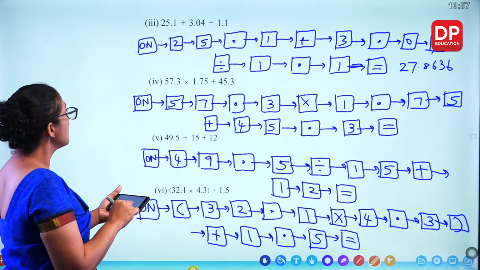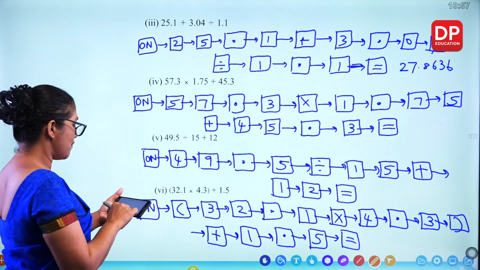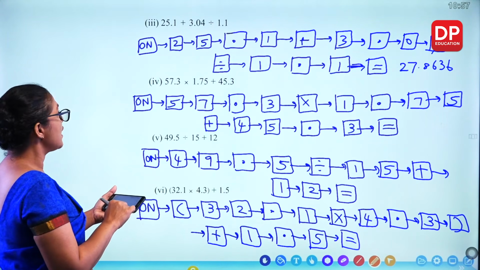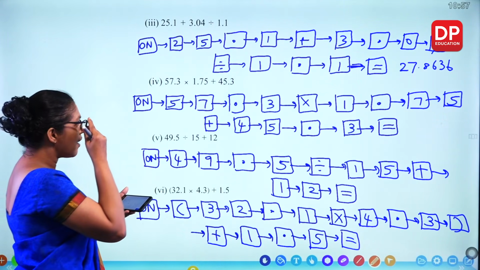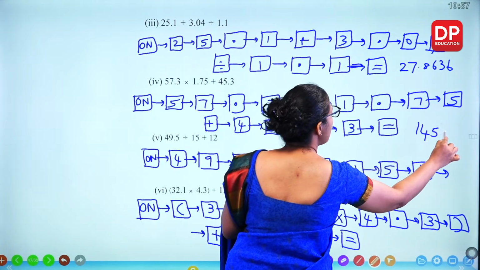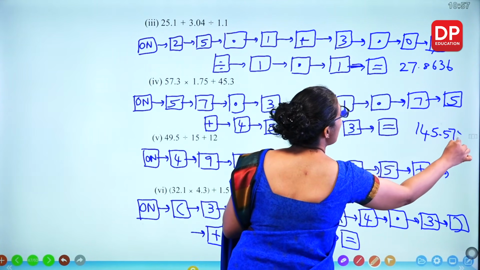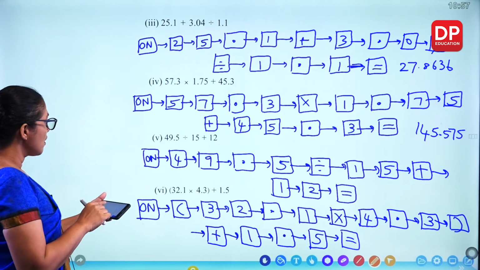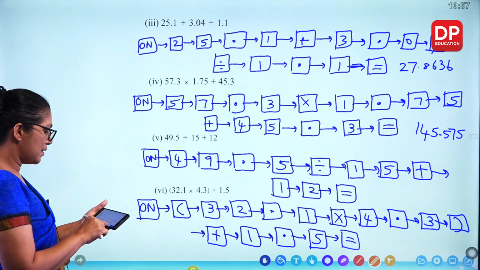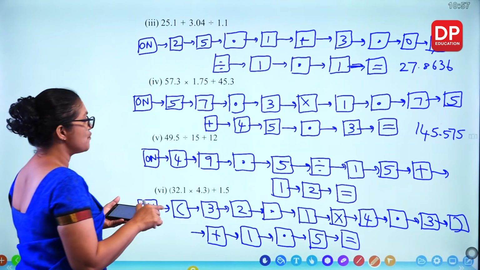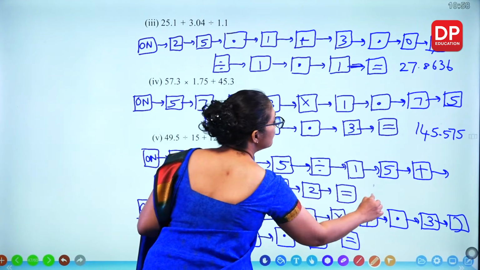And the next one, 57.3 multiplied by 1.75 plus 45.3 is 145.575. Next one, 49.5 divide by 15 plus 12 is 15.3.